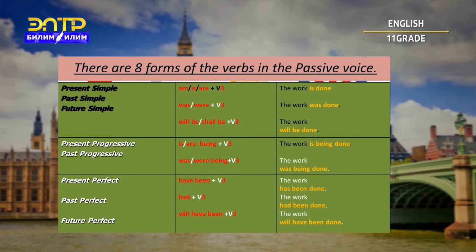The work has been done. Past perfect: had been plus verb in third form. Example, the work had been done. In future perfect: will have been plus verb in third form. And our example, the work will have been done.